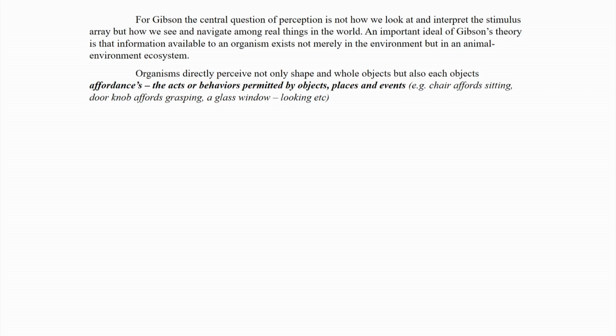So, what Gibson says is that the information that is available from the environment for the observer exists in an animal-environment ecosystem. Basically, the environment provides some information to the animal, and the animal provides certain cognitive structures or selects which information from the environment to take, and based on these two kinds of interactions, perception progresses.